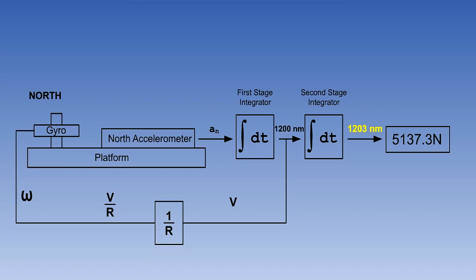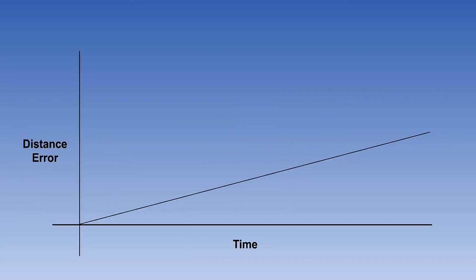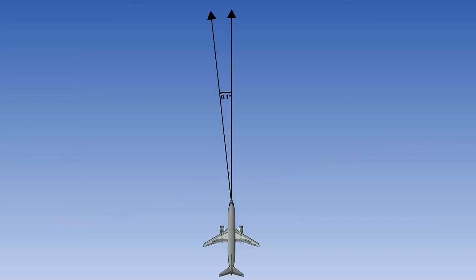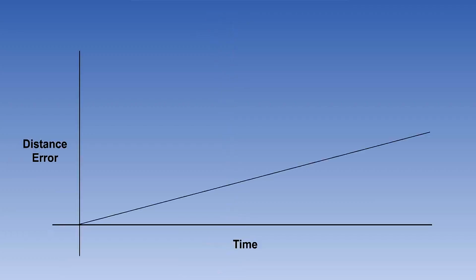Then, after 2 hours, the aircraft would have actually flown 800 nautical miles. But the integrator would have output 802. After 3 hours, the true distance is 1,200 nautical miles. But the integrator would have output 1203 and so on. This kind of error is a different pattern. It is called a ramp or unbounded error.